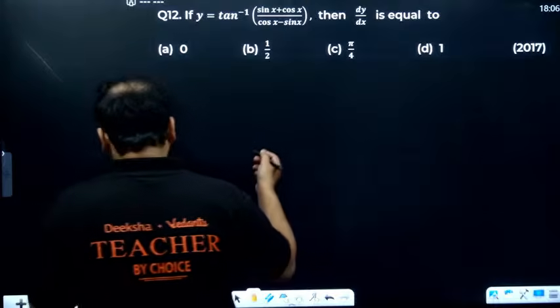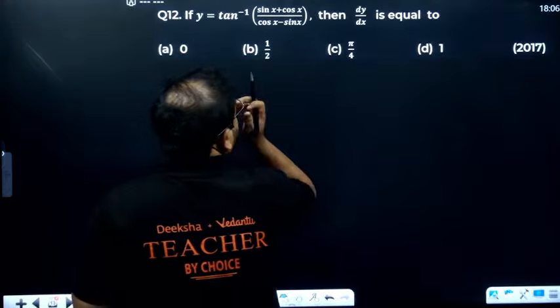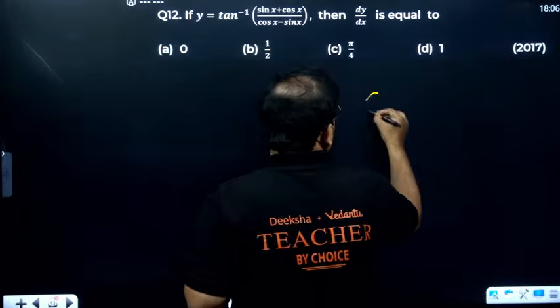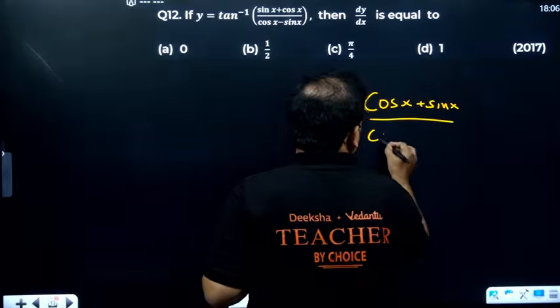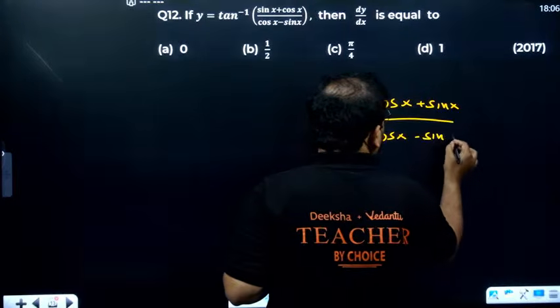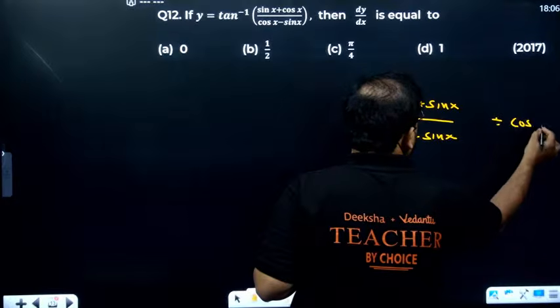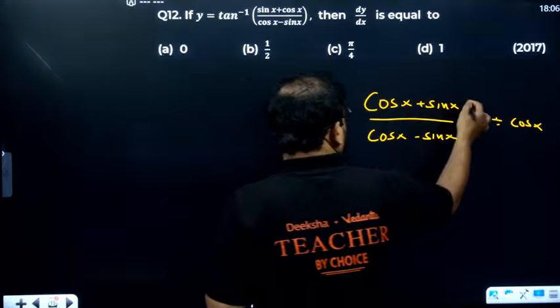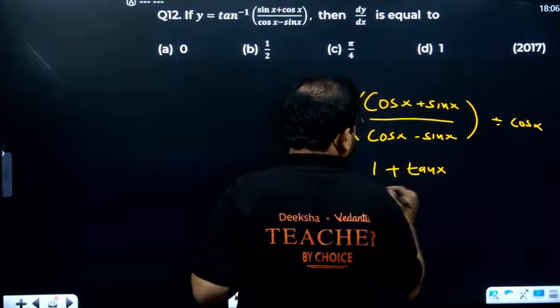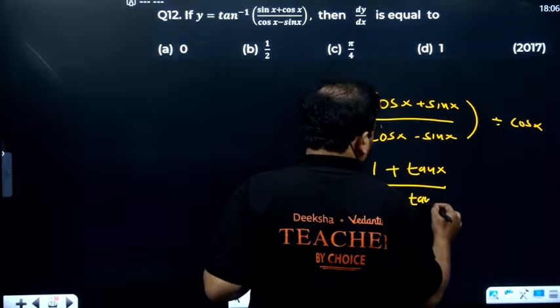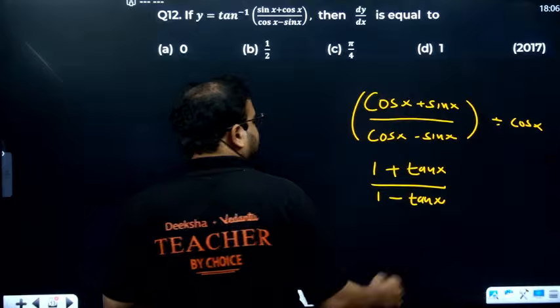Let's proceed. So we have y equal to tan inverse of this. This is also a form. Please remember this form: cos x plus sin x upon cos x minus sin x. Divide everything by cos, and you'll have 1 plus tan x and 1 minus tan x. One of the very popular and favorite forms of CET.